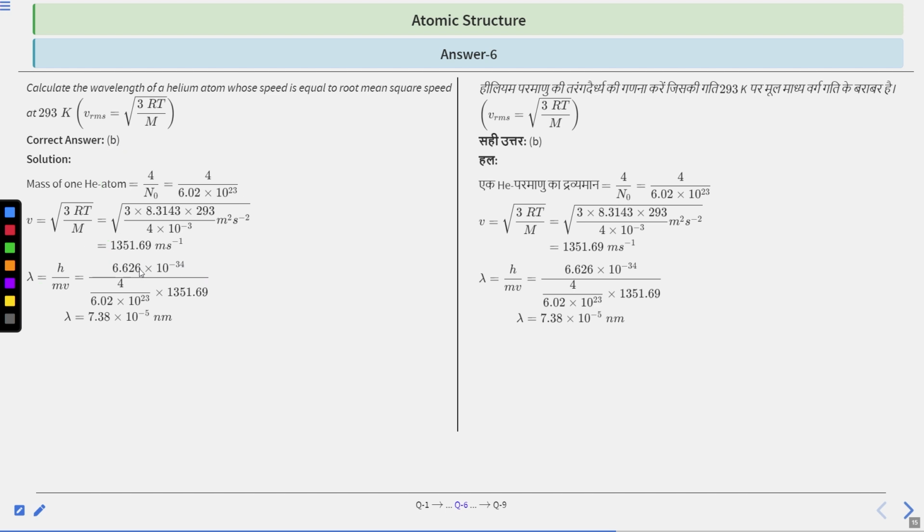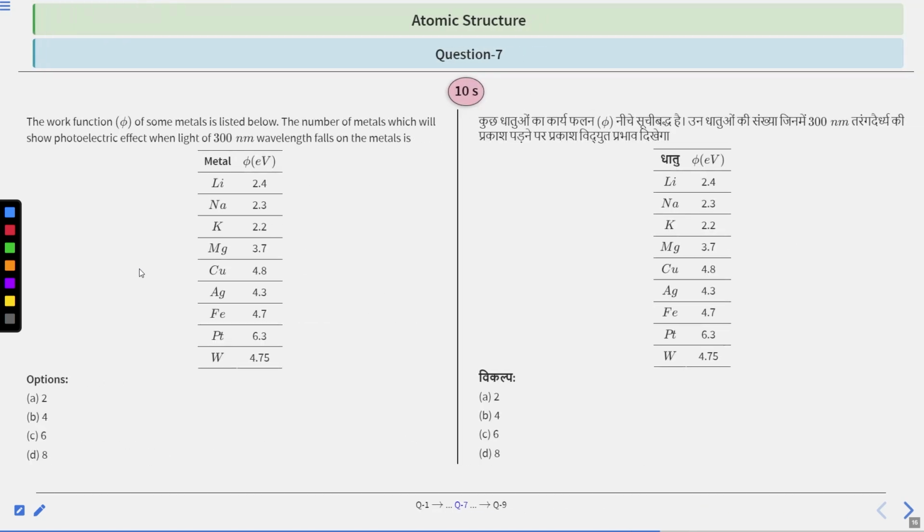Okay, let's move to question number 7. The work function phi of some metals is listed below.